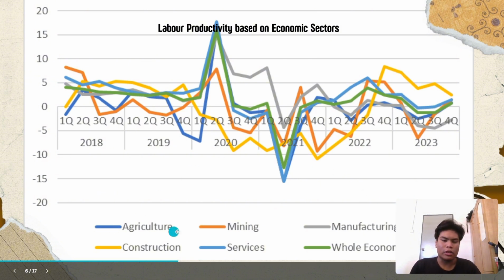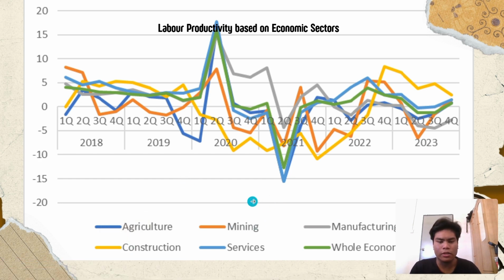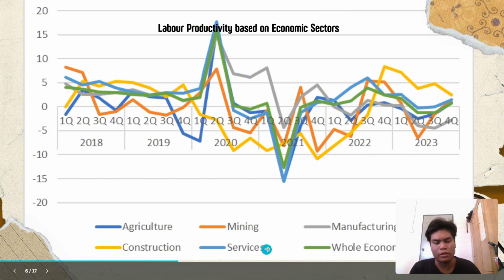As we all know, agriculture and mining are in the first sector of the economy, manufacturing and construction are considered the second sector, and services the third sector. The whole economy is the combination of the first, second, and third sectors of the economy. Now let's move on.